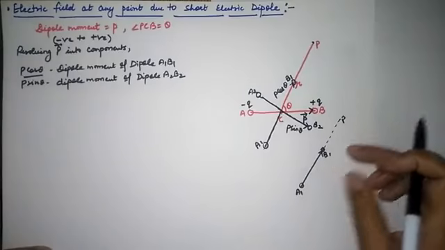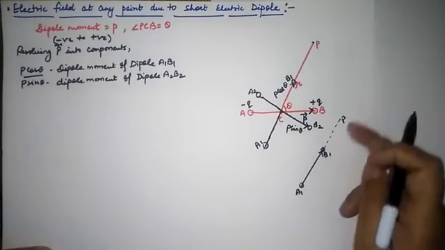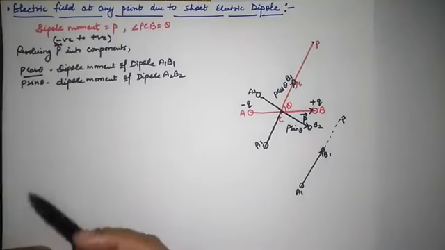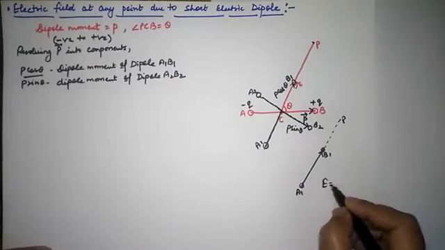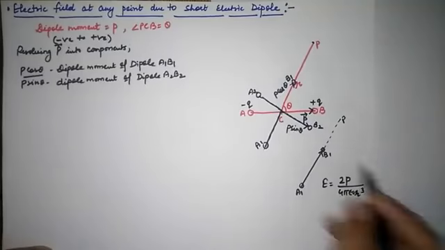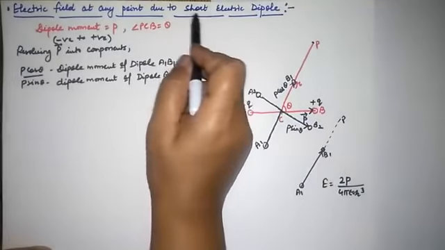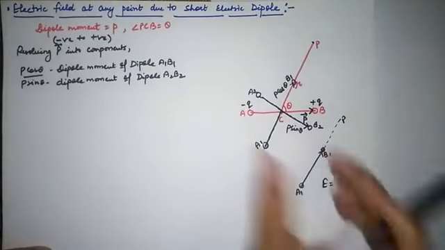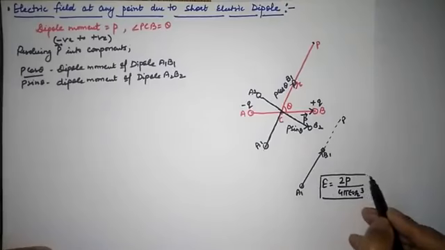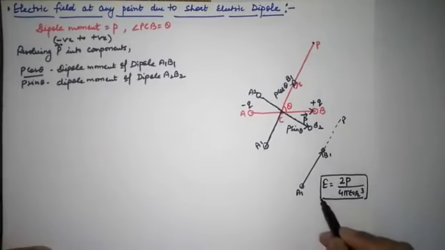Point P lies on the axial line of this dipole, and we have derived the expression for the electric field on the axial line of a dipole in the last video, that is E is equal to 2P upon 4 pi epsilon naught r cube. One more thing is that here we have considered a short electric dipole, meaning the dipole is of very short length. So this is the expression for electric field on the axial line of a short dipole, let it be E1.